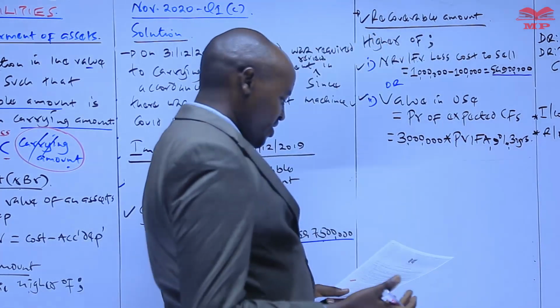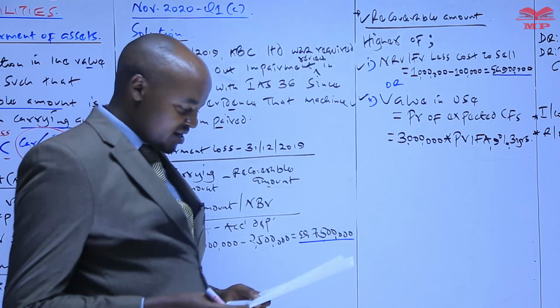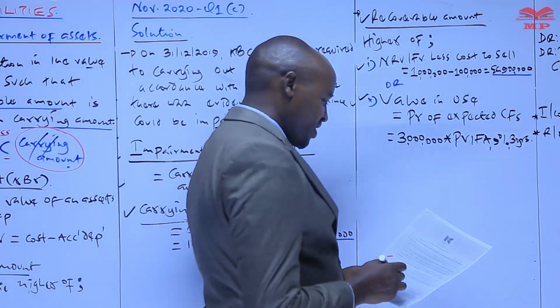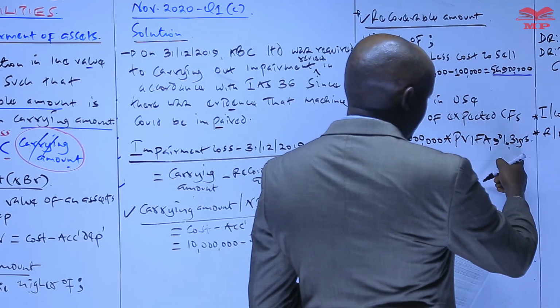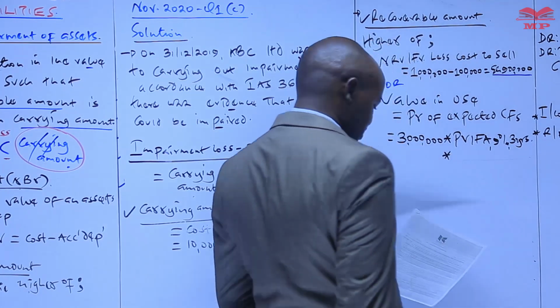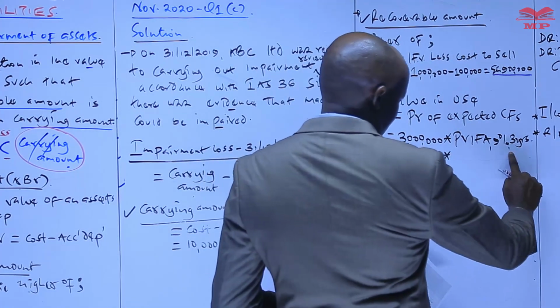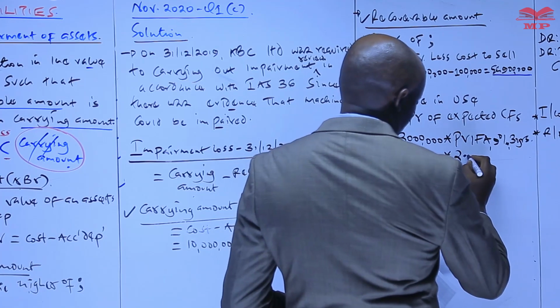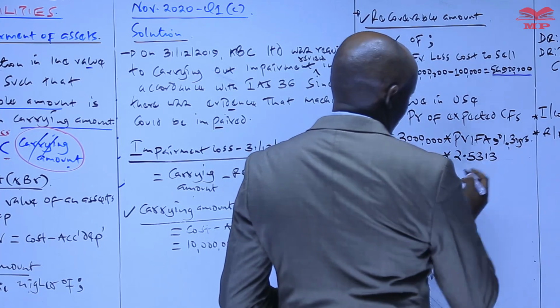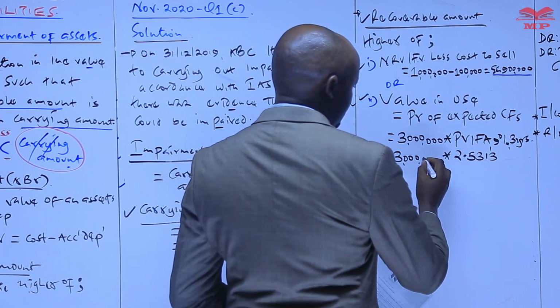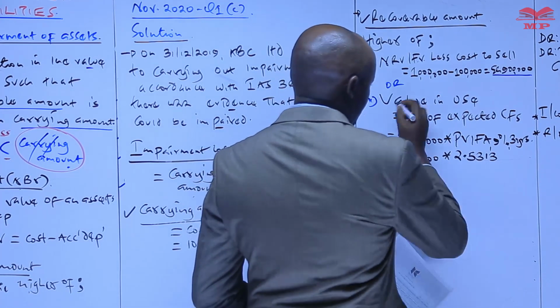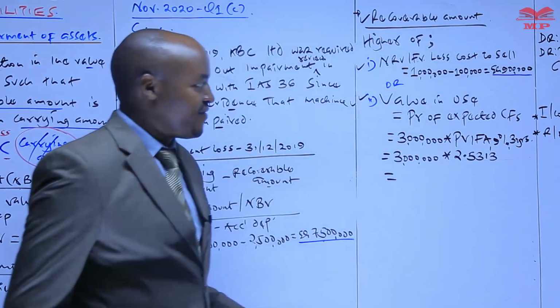And if you go to where we have the requirement, we are given a note there, and you're told the present value interest factor of annuity of shillings 1 per annum at 9% for 3 years is 2.5313. So already we are given this particular figure as 2.5313. So we need to multiply that with 3 million, and automatically that will give us now our value in use.